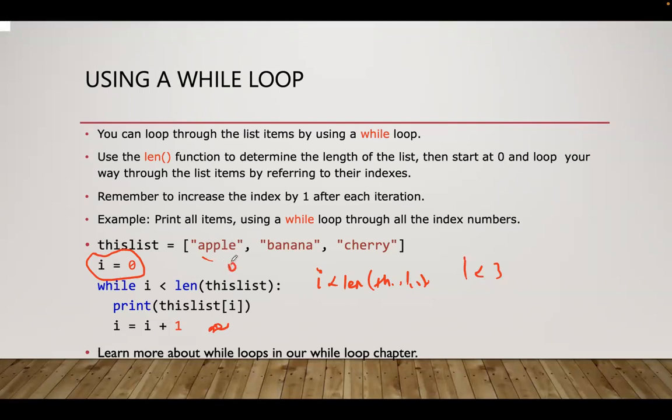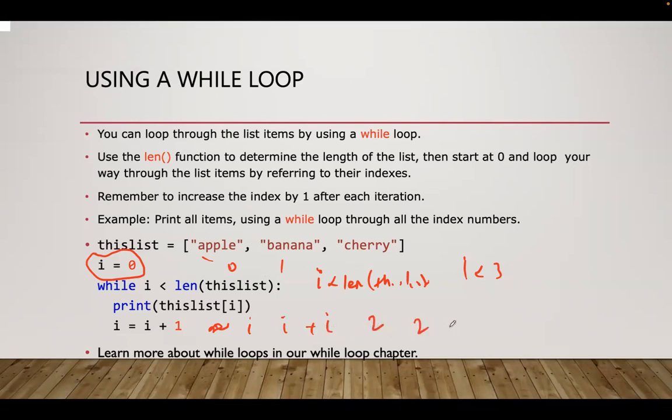Let's say, for example, apple has index 0, banana has index 1, 0 plus 1 is 1. Then cherry has index 2. Since i is now 1, i plus another 1 is going to become 2.